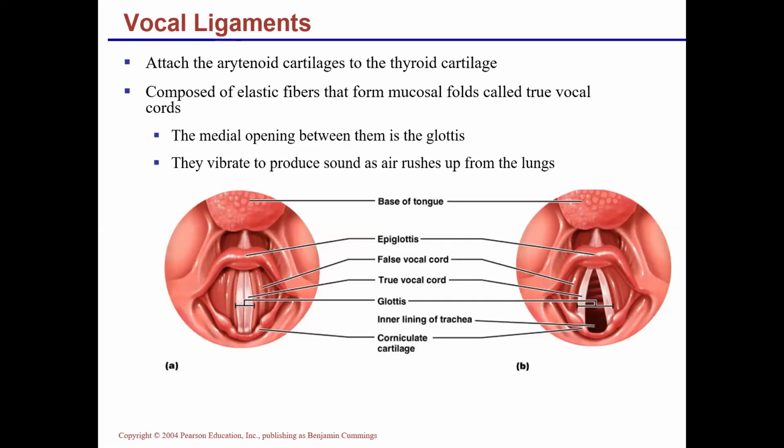The vocal cord has two parts. Right around this glottis is called the true vocal cord, and then on the lateral side, this fold is called the false vocal cord.